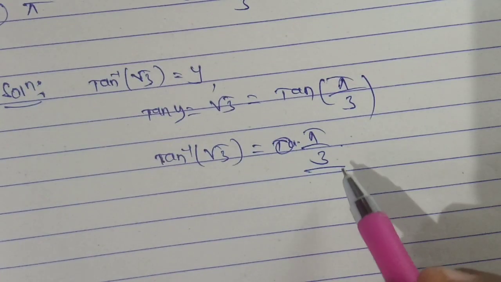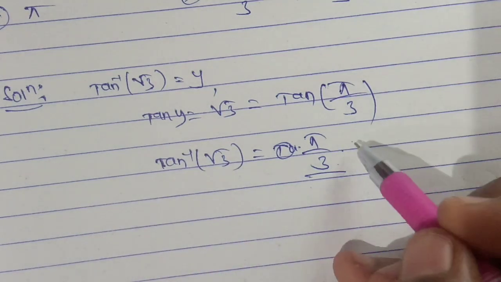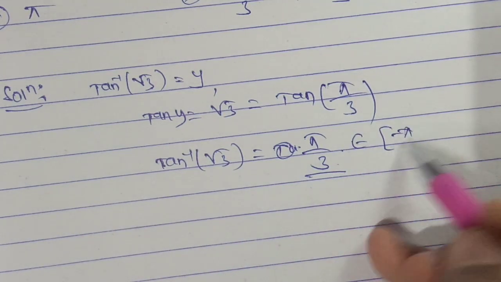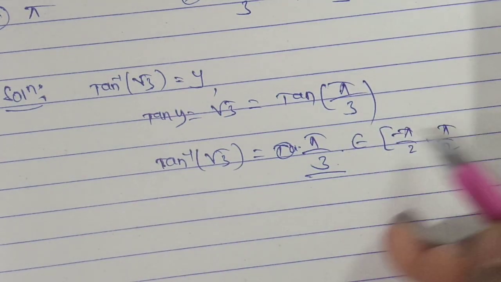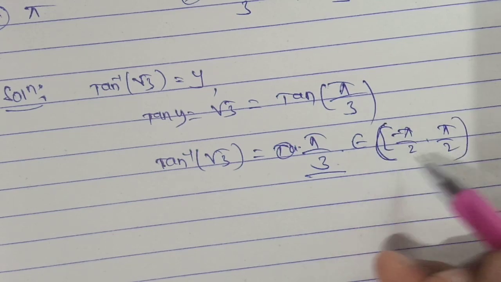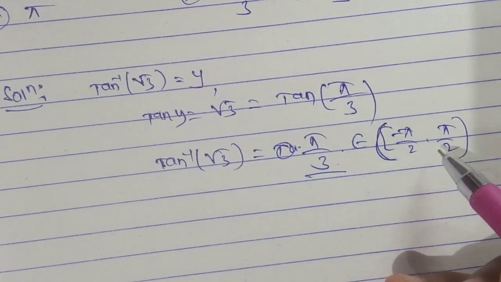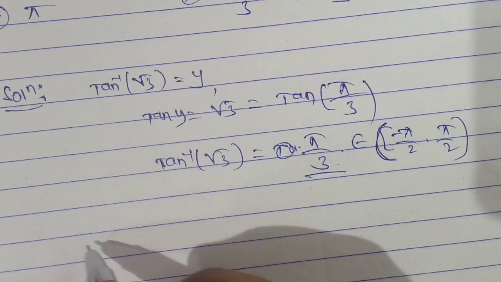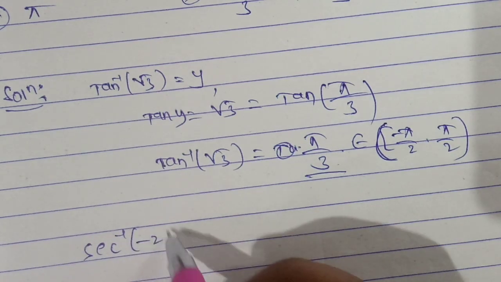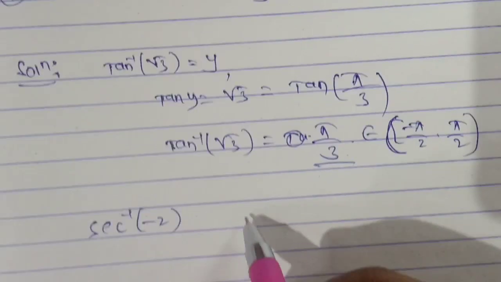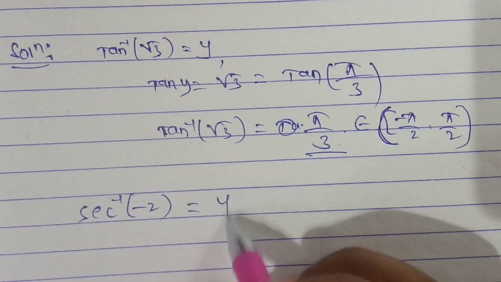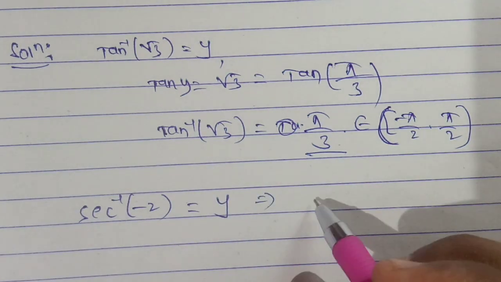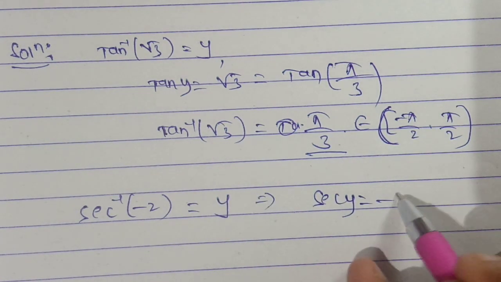Next, this belongs to the open interval minus pi by 2 comma pi by 2, which is the range of the tan inverse function. Next we move on to secant inverse of minus 2. Secant inverse of minus 2 is equal to y, and this implies secant y is equal to minus 2.